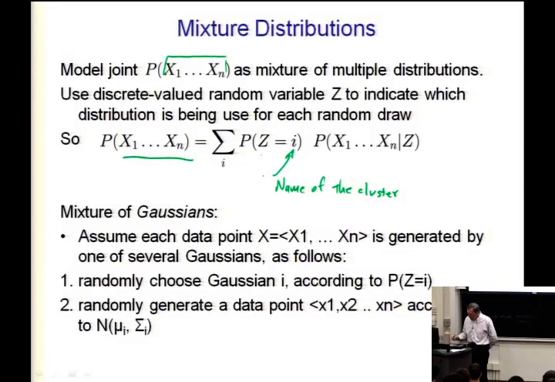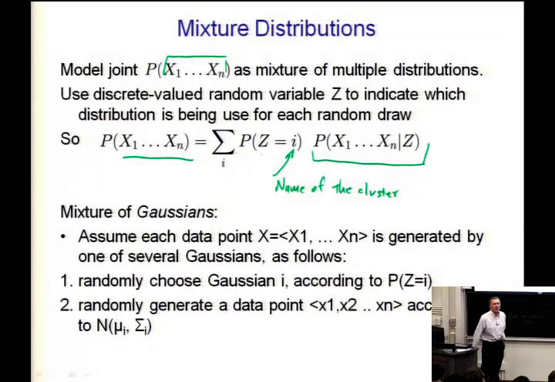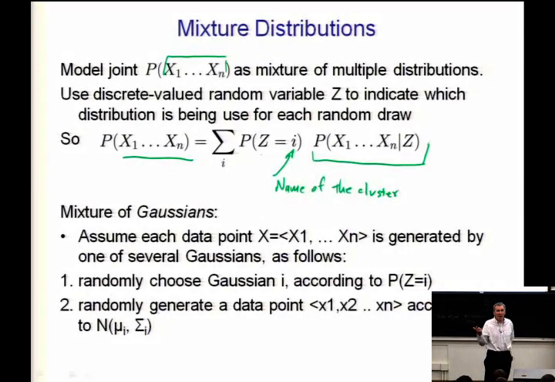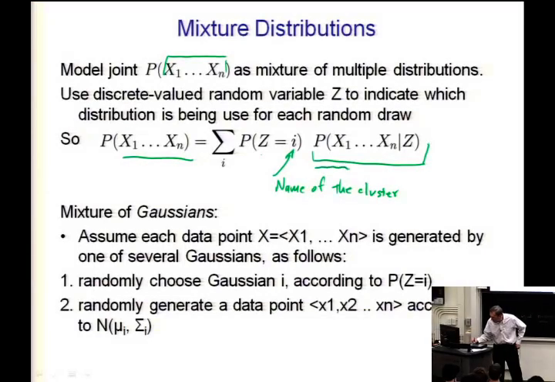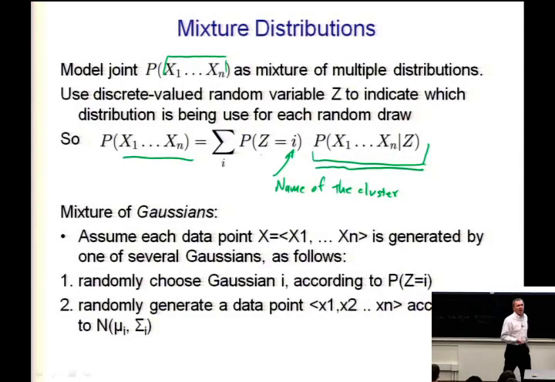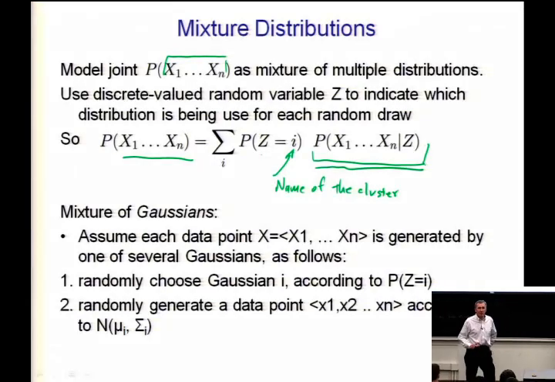And then we'll have some other probability distribution conditioned on z. Depending on which cluster you come from, there's some probability distribution that determines the probability of any joint assignment of x1 through xn, given that you happen to fall into cluster z, whatever the value of that random variable is.